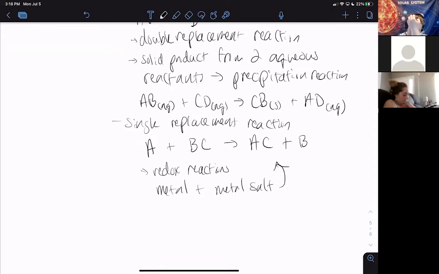Not all redox reactions are single replacement reactions, but a lot of them are if we have just a metal reacting. But some of the redox reactions end up being double replacement reactions as well.